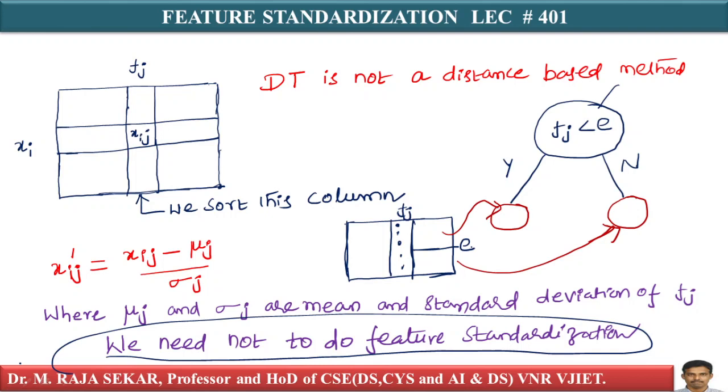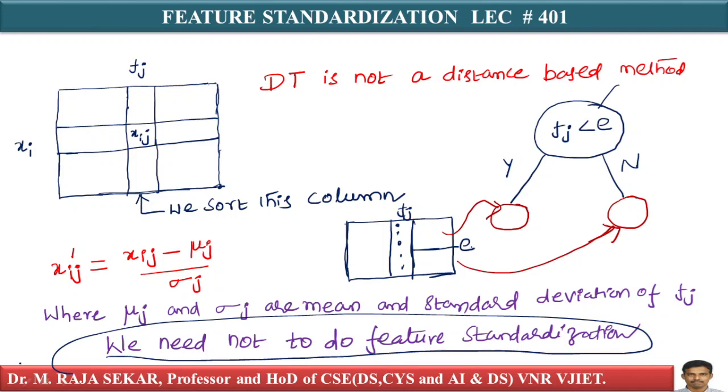This is again one of the important aspects of decision trees: you need not do any feature standardization, no feature normalization, nothing.